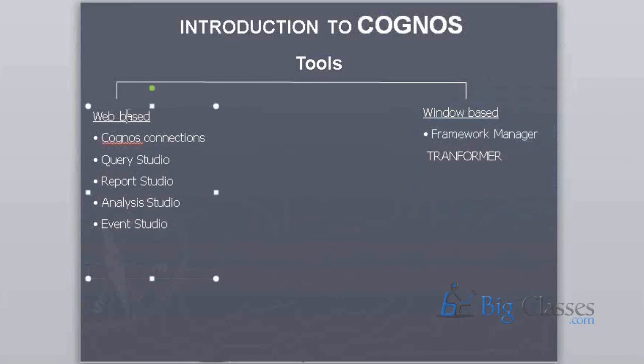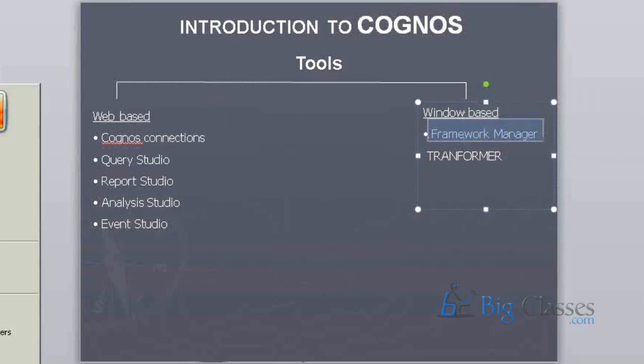All these are web-based applications. Yes. For this session, the server is in Japan. From Framework Manager, I need to publish the package to the server. Okay. No, I think I get it.